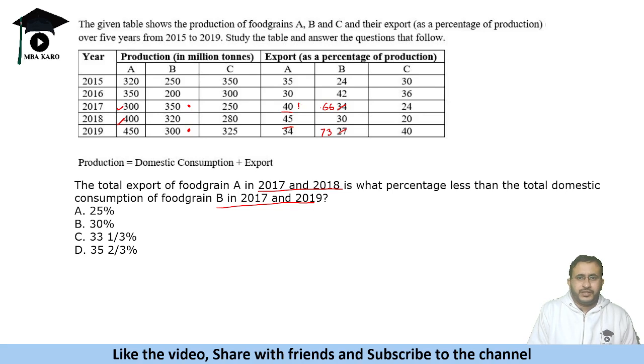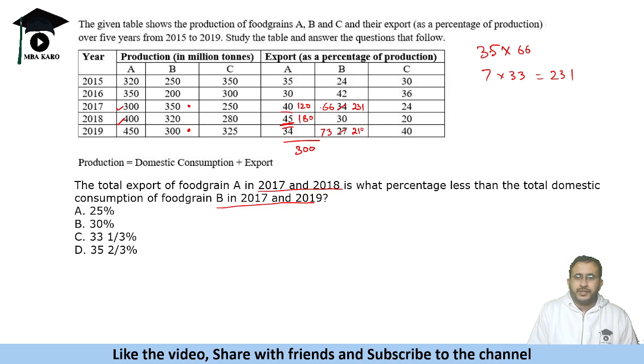30 into 40, 120, and in 2018 it is 45 into 400, 180. This comes out to be 300, and 35 into 350 into 66. So 3.5 into 66 needs to be done. You can do it 7 into 33. 3 into 7 is 21, and this is 73 into 3.